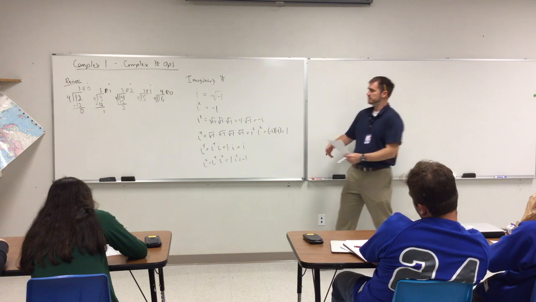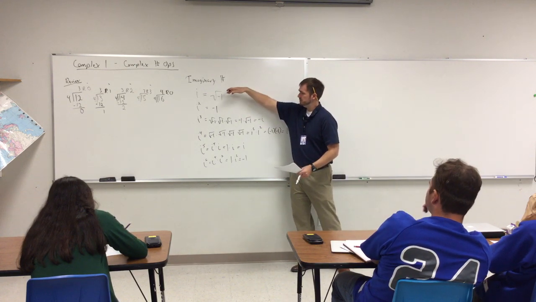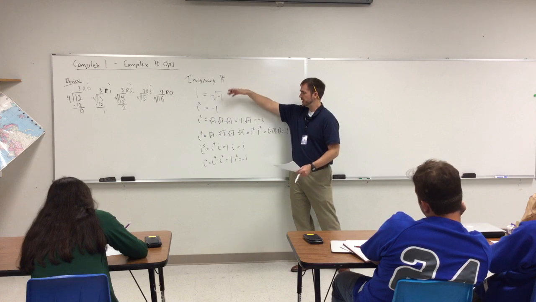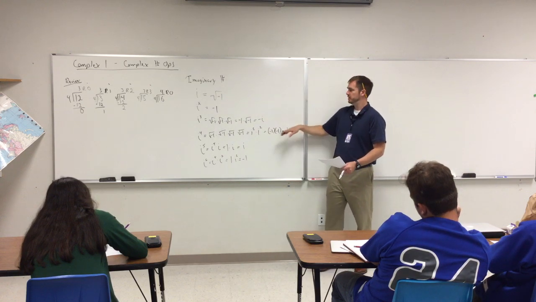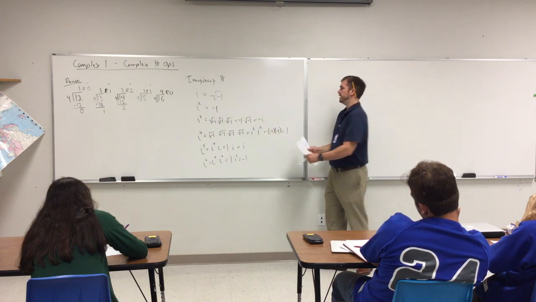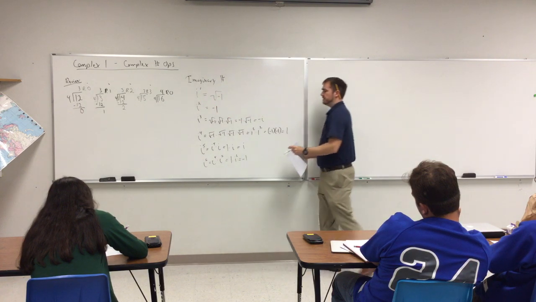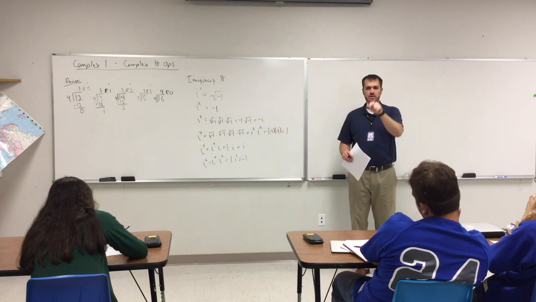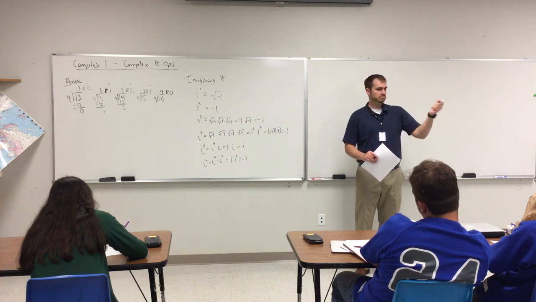We are going to follow this pattern: square root of negative 1, negative 1, negative i, 1. Square root of negative 1, negative 1, negative i. So, i to the first, second, third, fourth, fifth. And it loops around every 4 times.